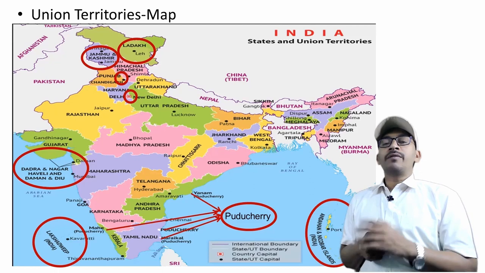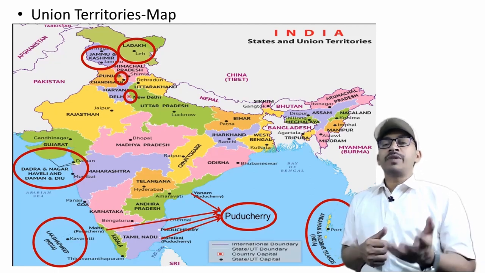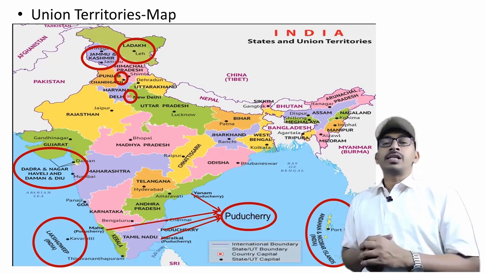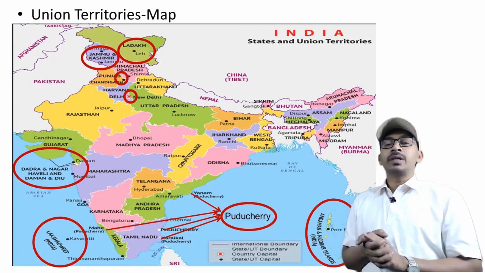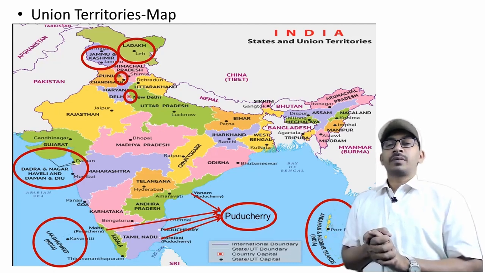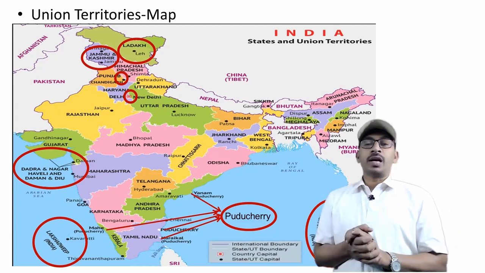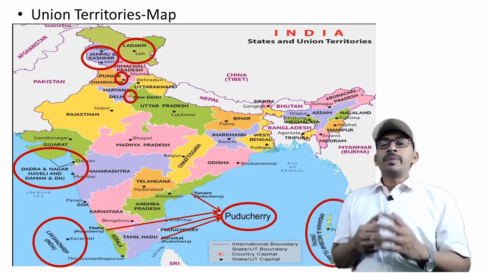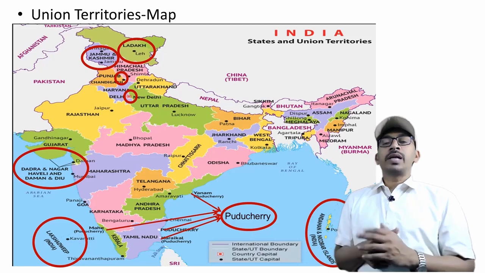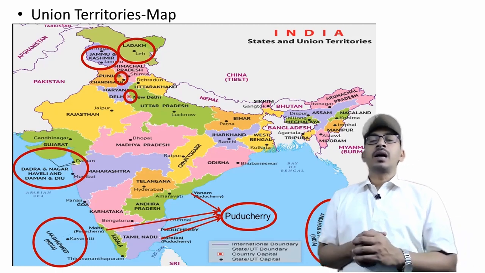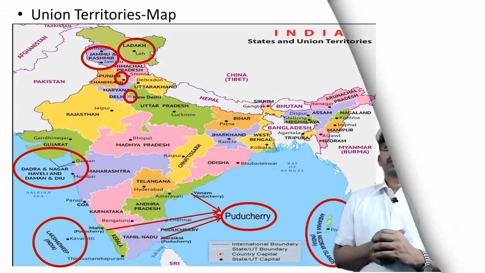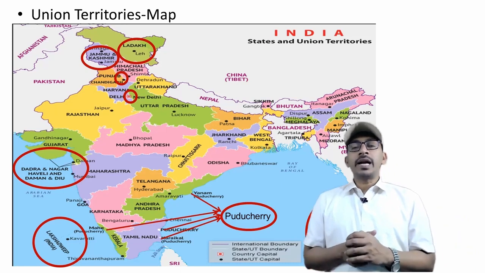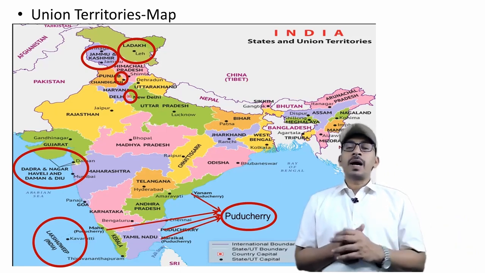Andaman Nicobar with Port Blair as capital, Lakshadweep with Kavaratti as capital, as they are far from any state of India. As they are not close to any state, almost 300 to 400 kilometers from the coast, as administration becomes very difficult for states of India, they are under control of central government. So these 28 states and 8 union territories are part of India.